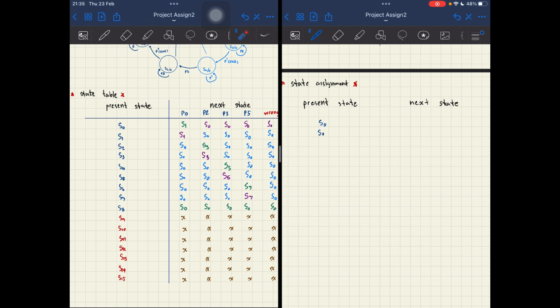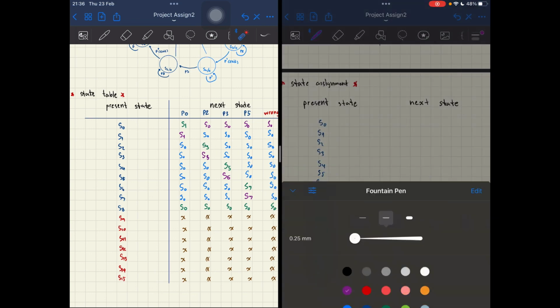So S0, S1, S2, S3, 4, 5, 6, 7, 8, 9, state 10, state 11, 12, 13, 14, and the last one is 15.